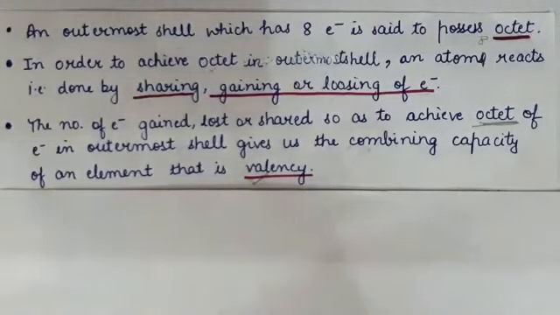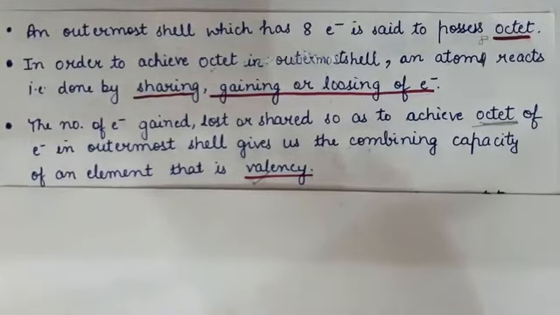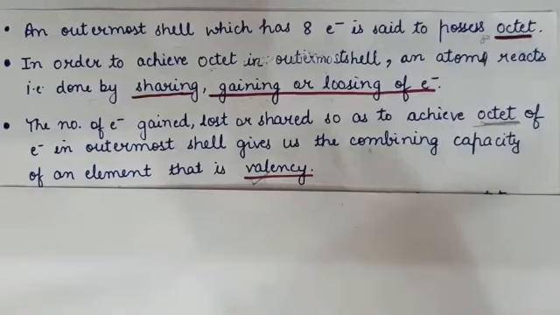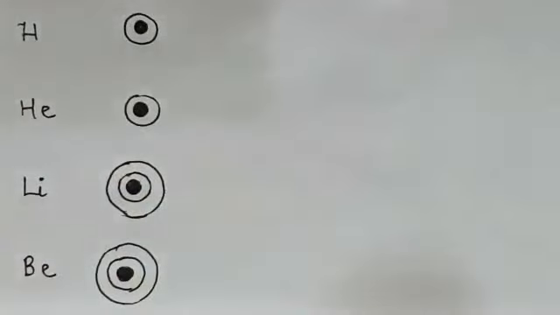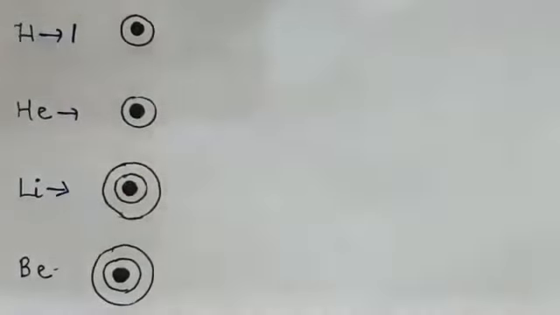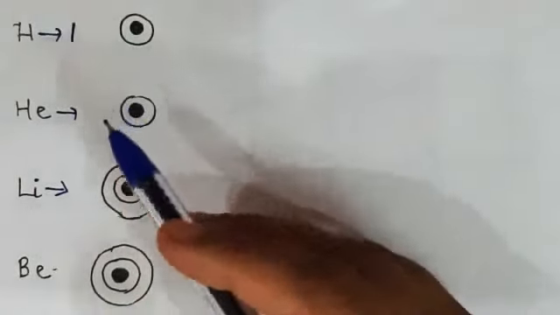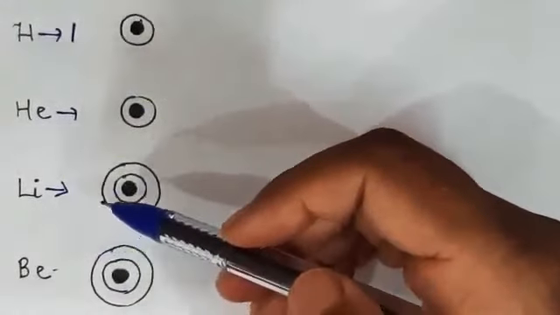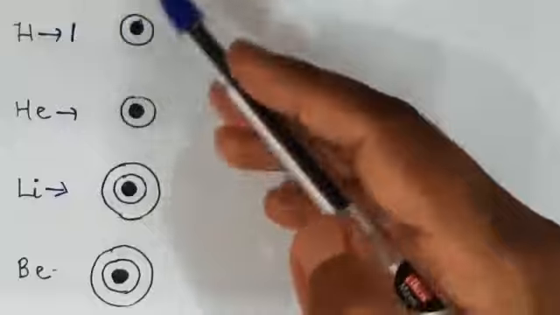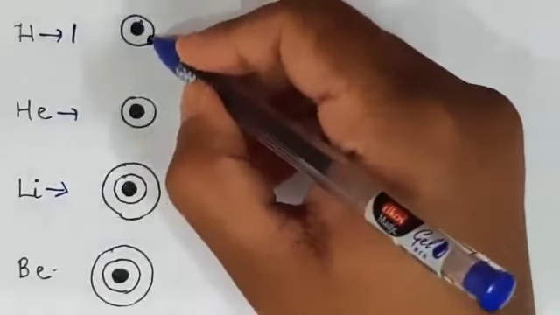Now, we will take a few examples to calculate valency. Concentrate, everyone. First example is hydrogen. What is the atomic number of hydrogen? It is 1. So this is the nucleus. Now we have to fill only 1 electron. So first shell, 1 electron.